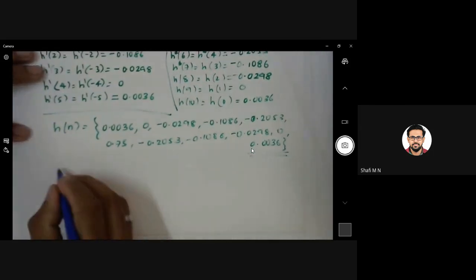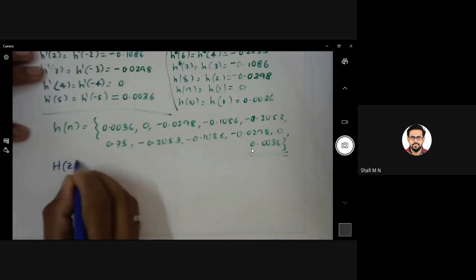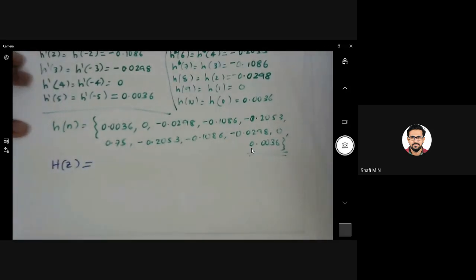Also do one thing, for this question you just write the H of z also, just write the transfer function also.